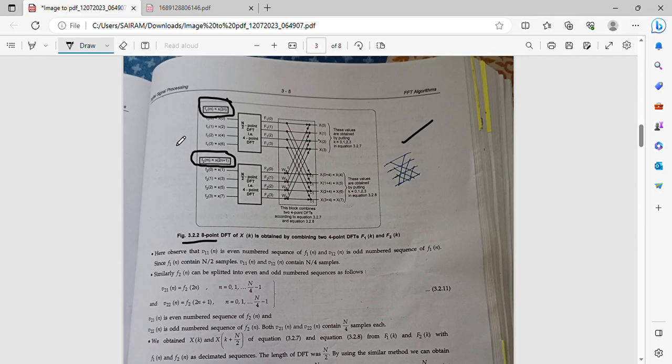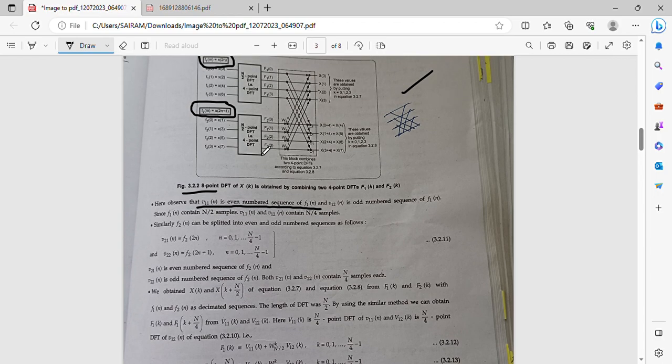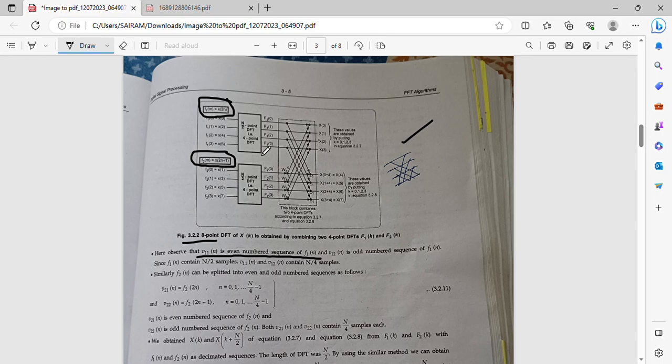Now let's come to the next point. Here observe that v11 of n is the even numbered sequence of f1 of n, and v12 of n is the odd numbered sequence of f1 of n.